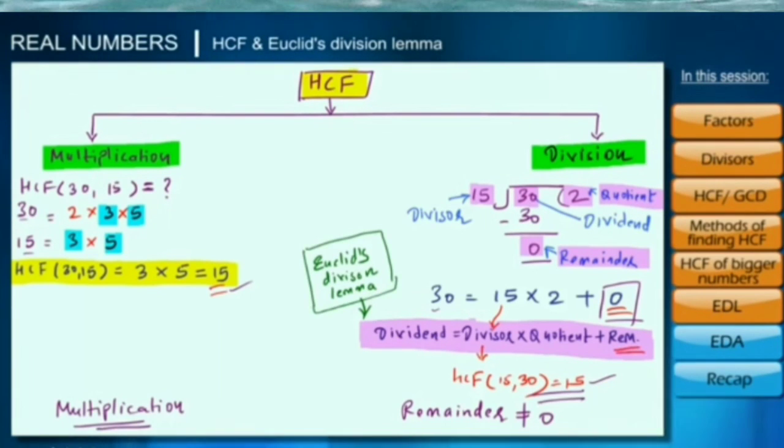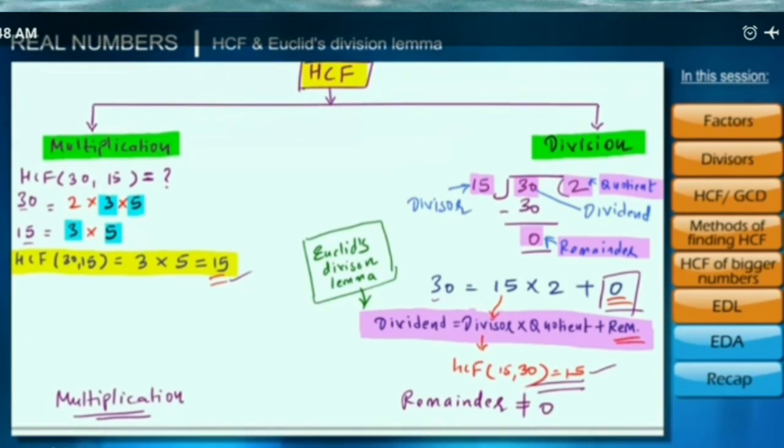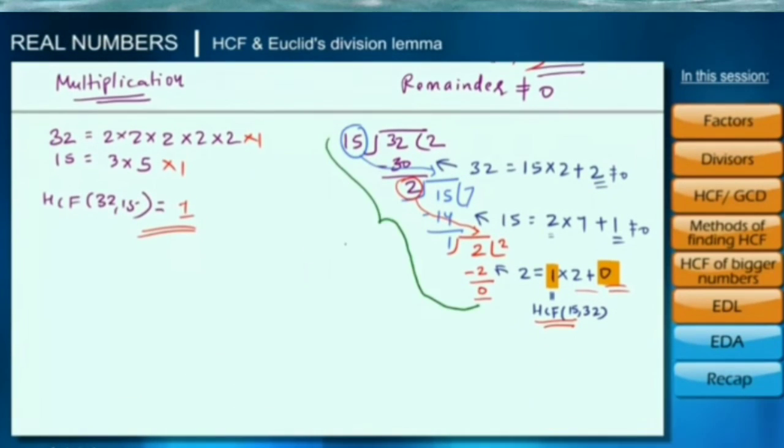Then Euclid proved that if the remainder is 0, then the divisor is the HCF of the two given numbers. If the remainder is not equal to 0, we continue the steps until we get the remainder equal to 0, and the process where we apply this lemma is called the Euclid division algorithm. So that is all about the division algorithm and Euclid's division lemma.